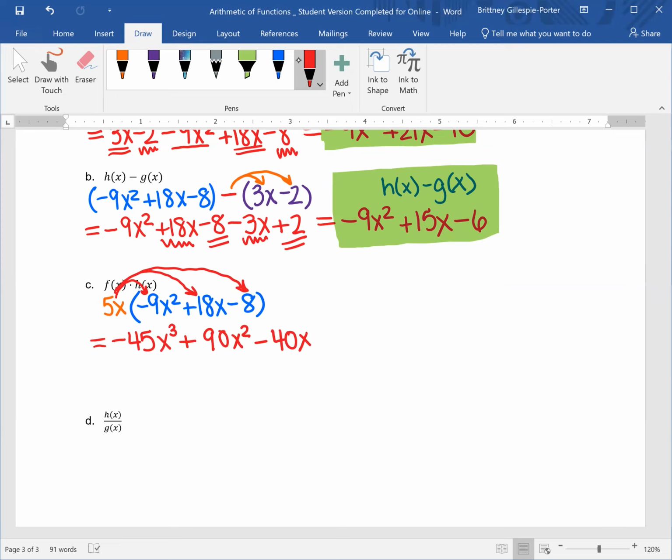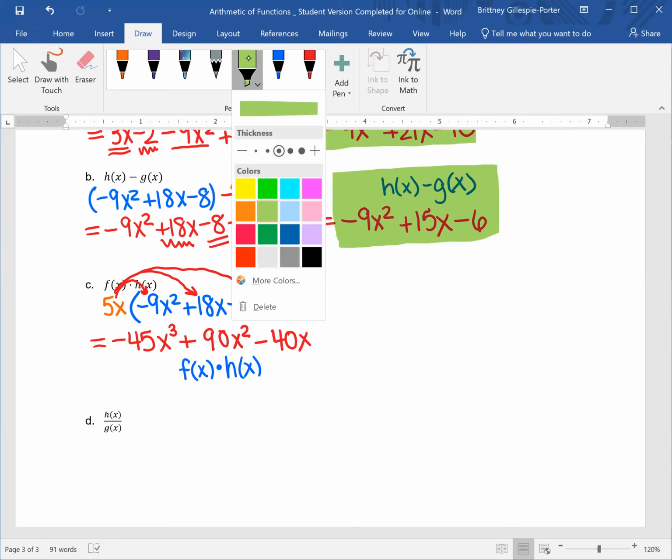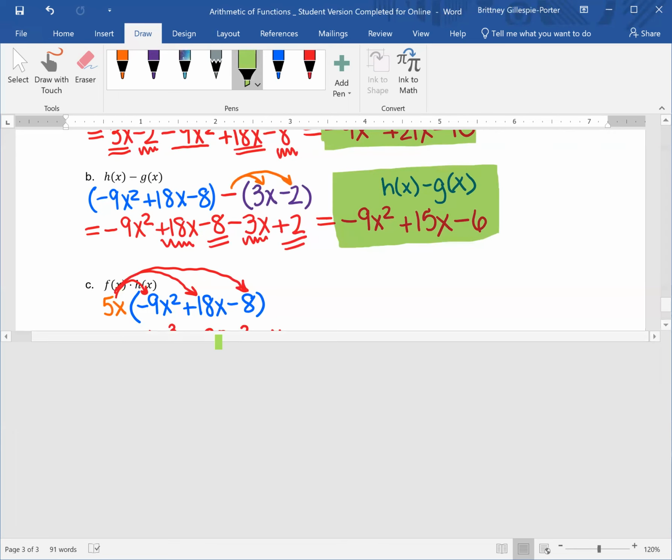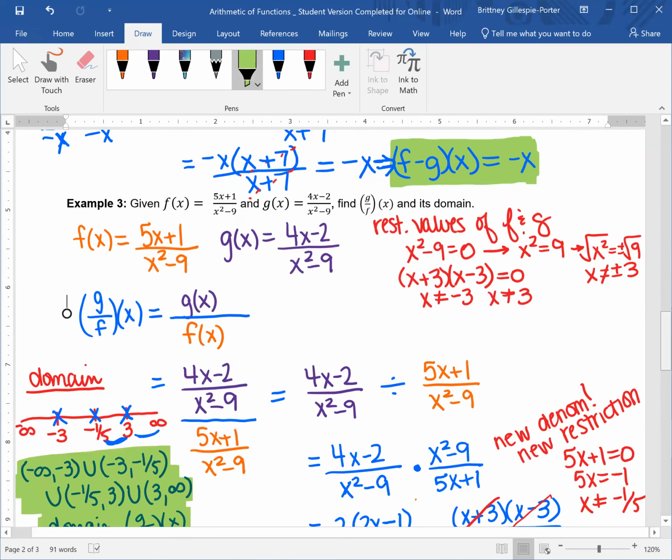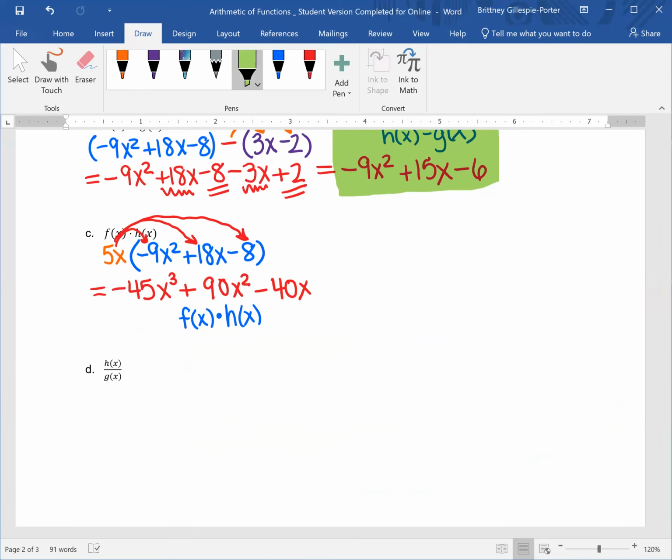Again, we can't combine any like terms because everybody has different exponents, so there are no like terms. They're not asking us to solve anything, just to do the multiplication, which means that we have our answer: -45x cubed plus 90x squared minus 40x.